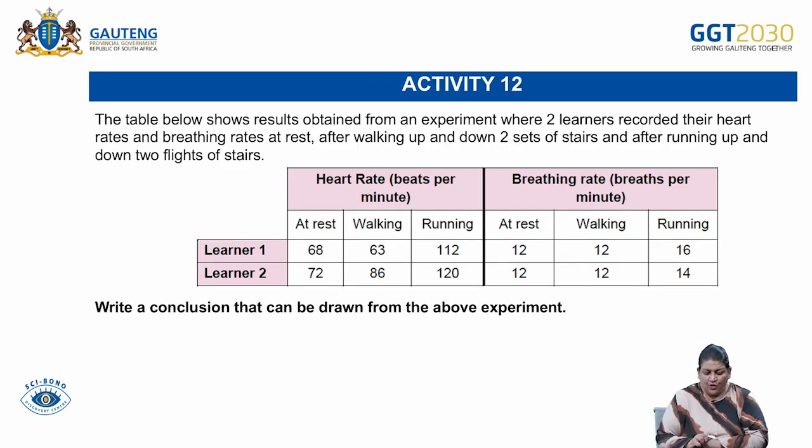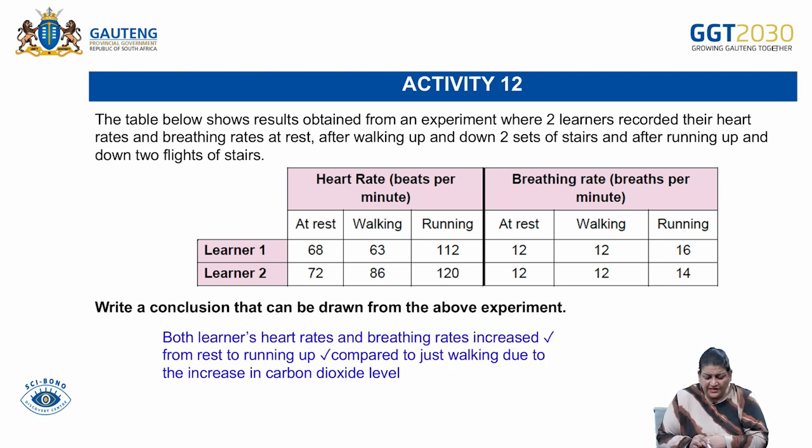Okay. Write a conclusion that can be drawn from the above experiment. What conclusion can we see now when a person is running and walking and sleeping? What conclusion can we talk about? Both learners' heart rates and breathing rates increased from rest to running compared to just walking due to the increase in carbon dioxide level.